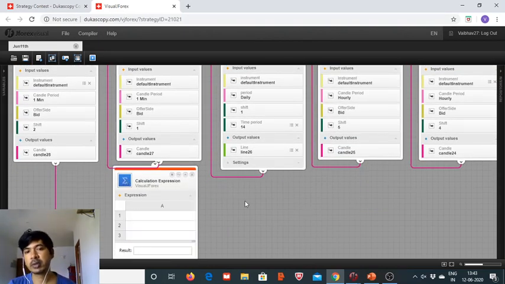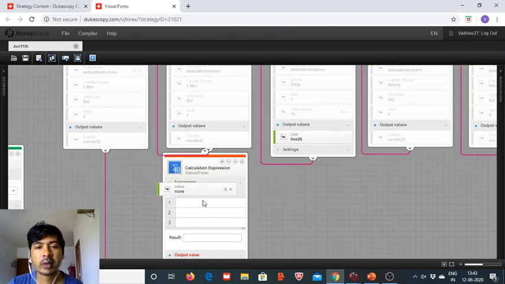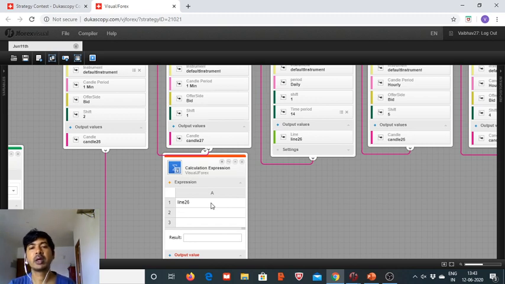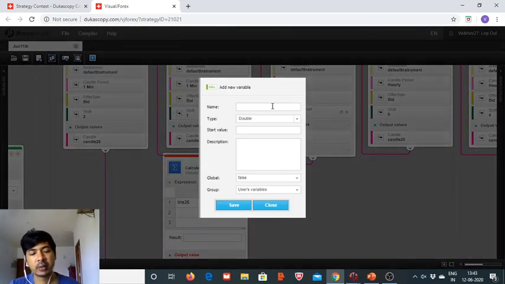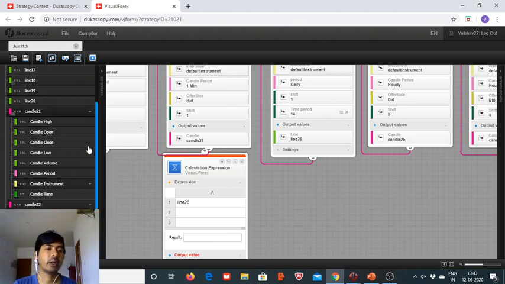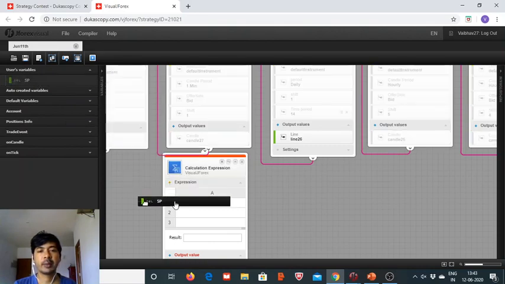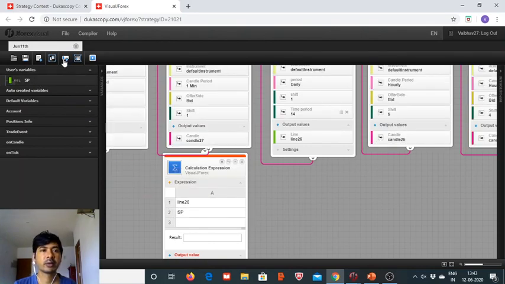So here it comes, and here is line 26, and the fresh variable which we create is going to be the stop loss percentage SP, and it will be 0.2, and then we also need to create the type conversion factor.